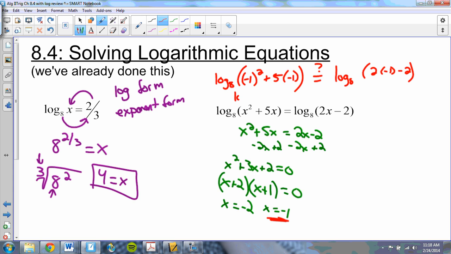Well, this becomes log base 8 of 1 minus 5, which is -4. What is log base 8 of -4? Not possible. 8 to some power can't be -4, so this isn't possible.